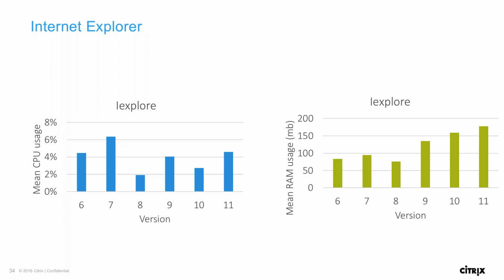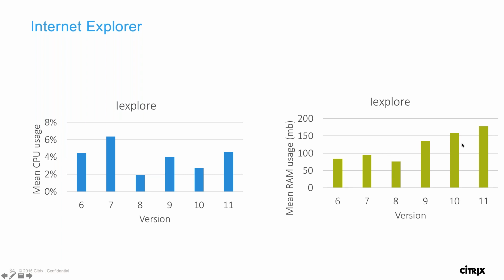We also looked at Internet Explorer. So it's interesting to see how different it is. We found in the Office apps, it seemed to just go up consistently in CPU and memory, while there were some differences. CPU usage is a lot more variable in IE, where RAM, you can tell it is just in general going up and up and up, though IE version 8 did drop a bit.